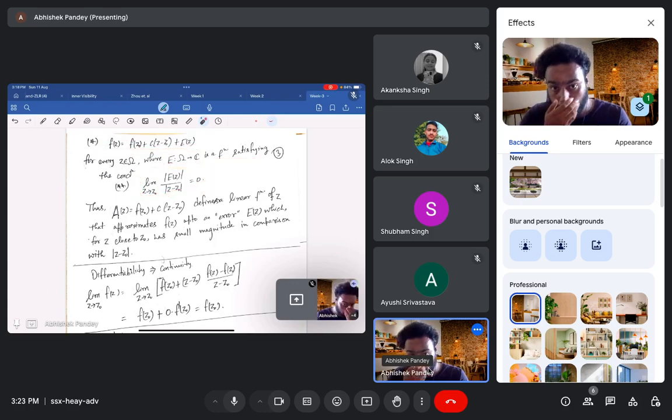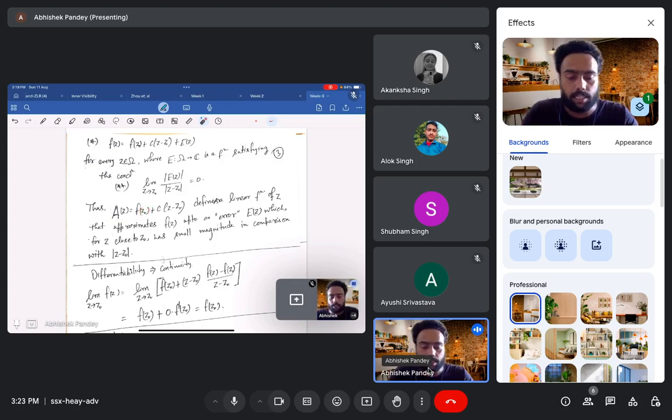Now once you have this, if you define a function capital A(z) equals f(z naught) plus c into (z minus z naught), this defines a linear function of z that approximates f up to an error E(z). Is it clear? That's the basic thing.